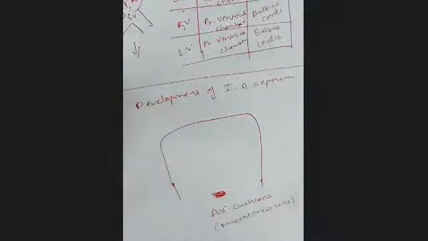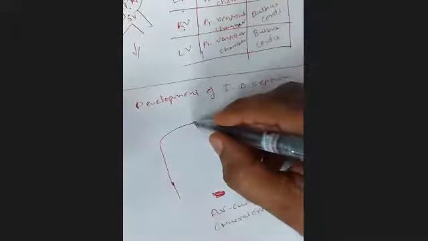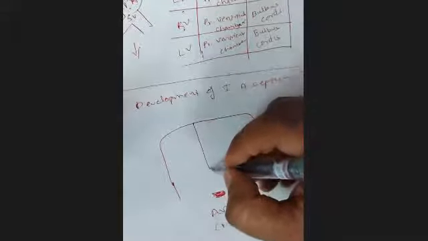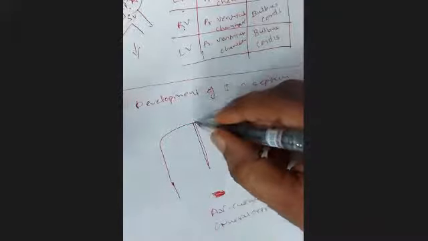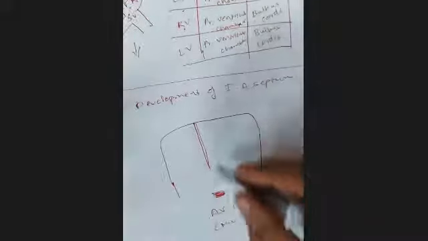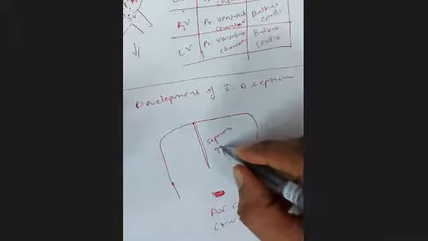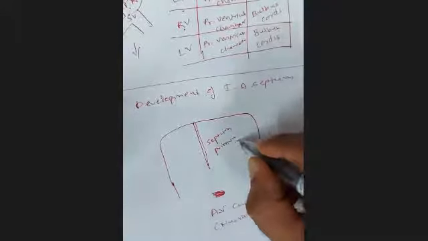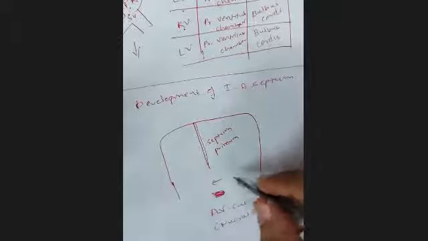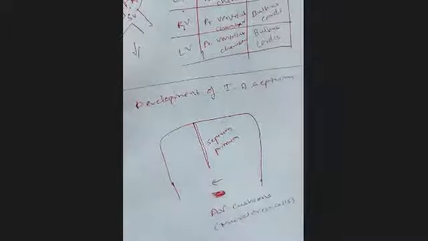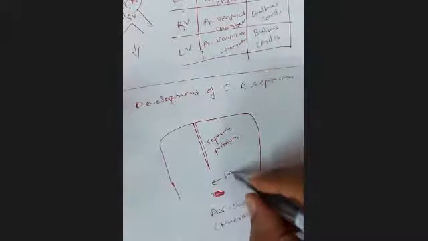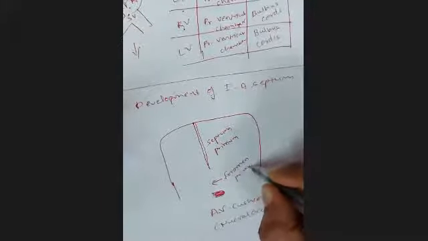Initially, the septum primum grows from the roof of the common atrial chamber. Below this is a foramen, which is called the foramen primum. This is the first step.